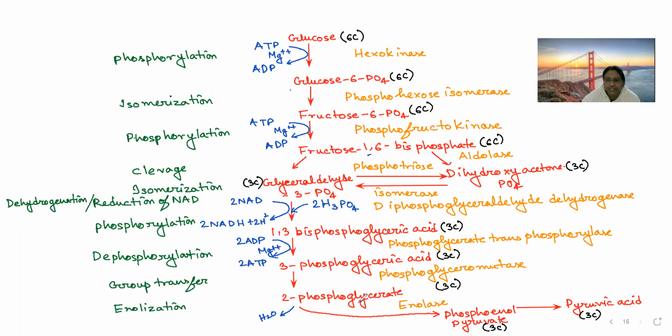So this phosphoglyceric acid is converted into phosphoglycerate by phosphoglyceromutase, and then enolase will go for the enolization reaction to form phosphoenolpyruvate. And the final step where the last molecule of ATP will be produced: here also ADP will be converted into ATP, and this is done with the help of the enzyme known as pyruvate kinase.